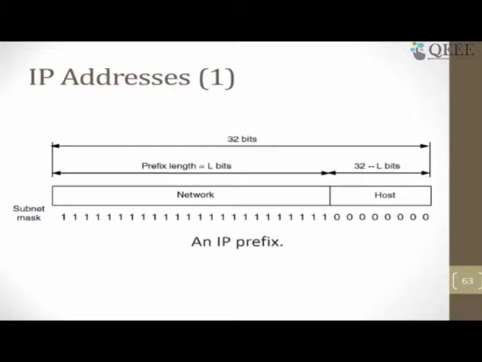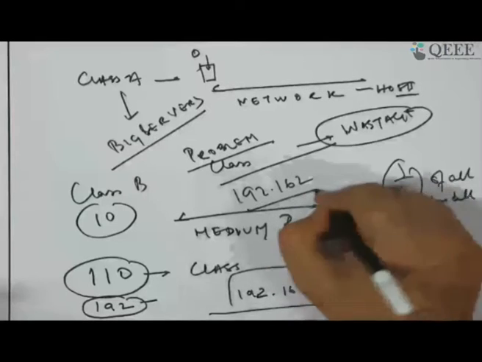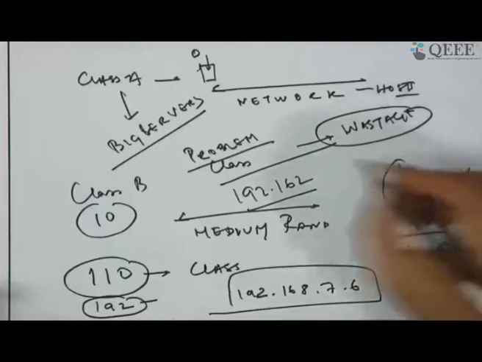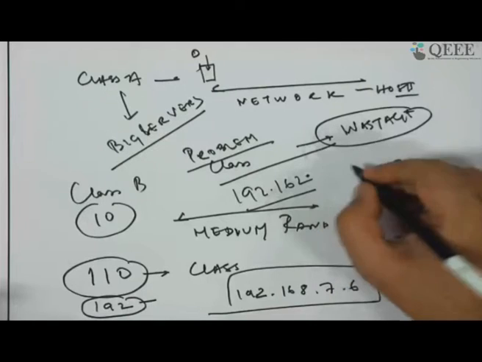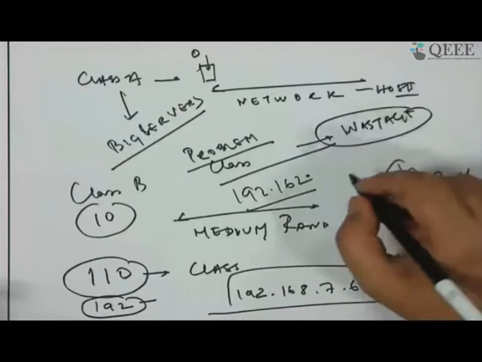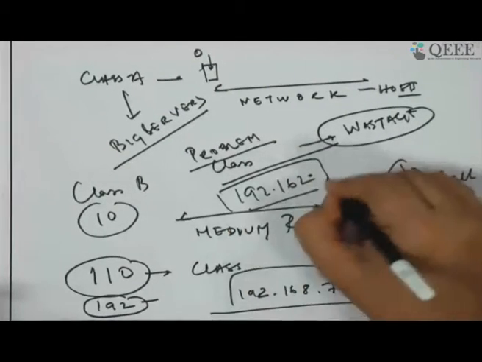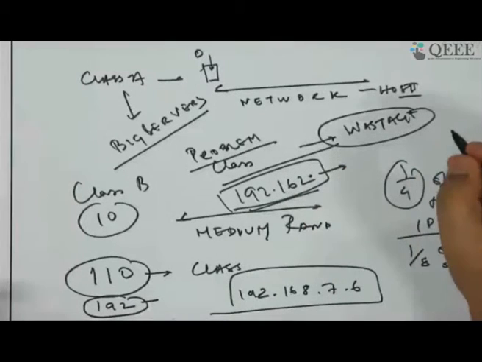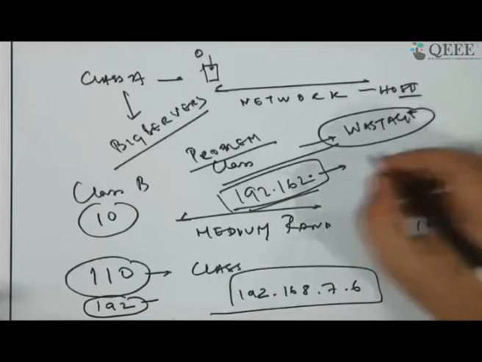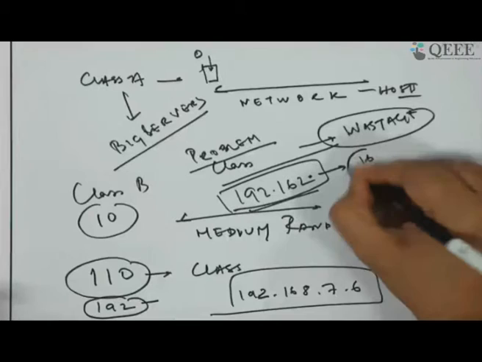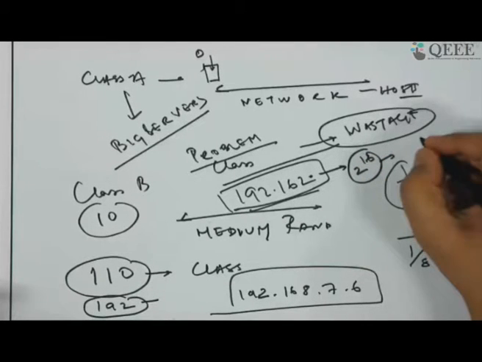The problem is there is a lot of wastage. If you give 192.162 to some organization, how many IPs does this organization have now? 2 to the power 16. And how much is 2 to the power 16?